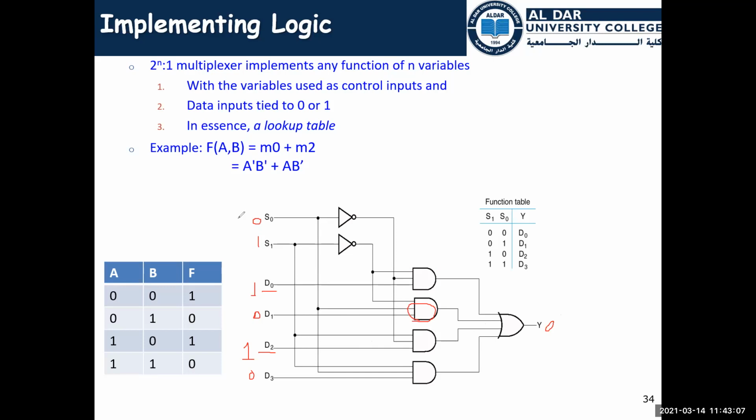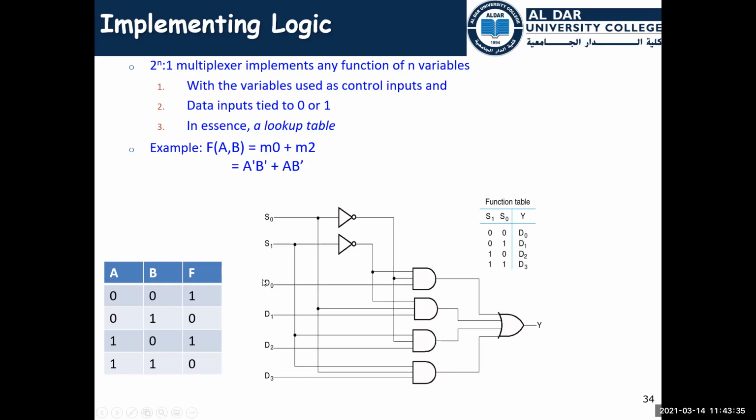If this is 1 1, okay, last one, this means this one will be enabled, and the output will be 0. So I make a truth table this way. You understand it? Anybody have a question about this circuit?